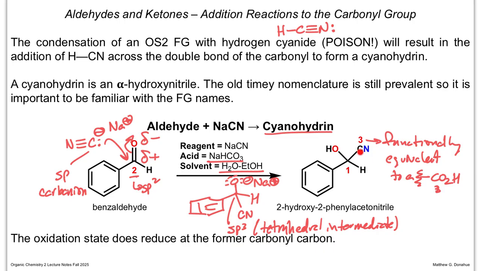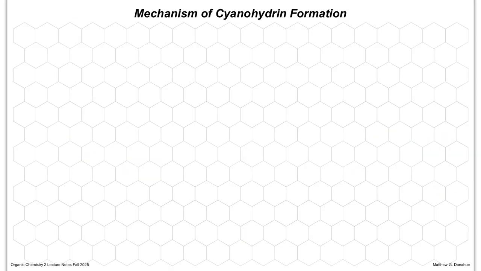So that has its own thing with an sp hybridized carbon. And then if you recall what a carboxylic acid looks like in an IR, they're very different. But the carbon is retaining that OS3. I already showed the mechanism of this on the prior slide, so we'll skip that.